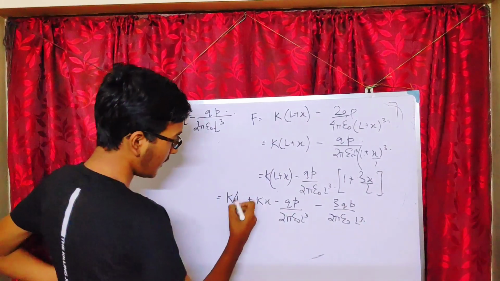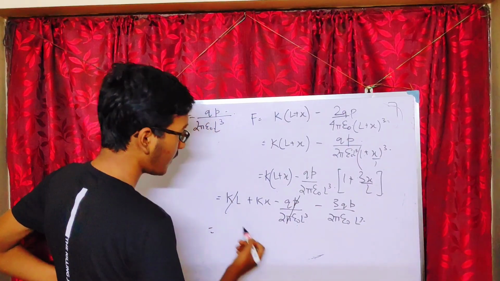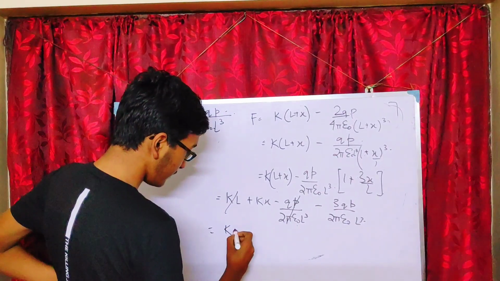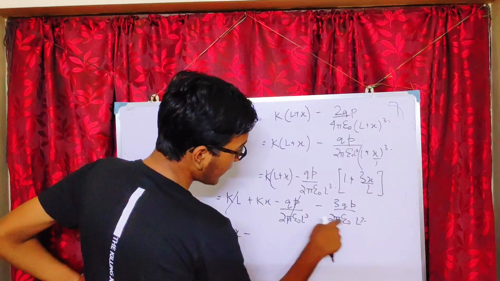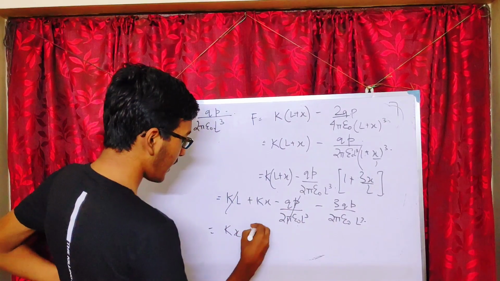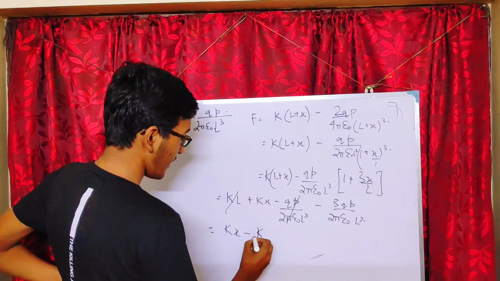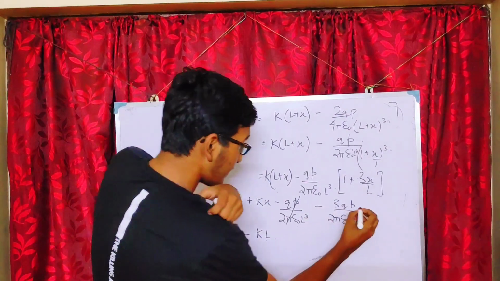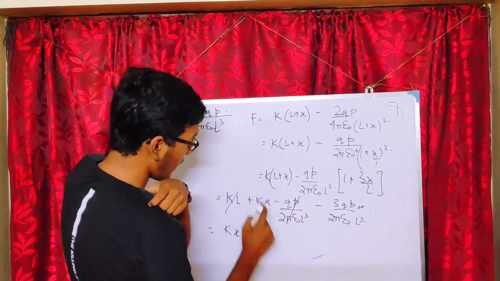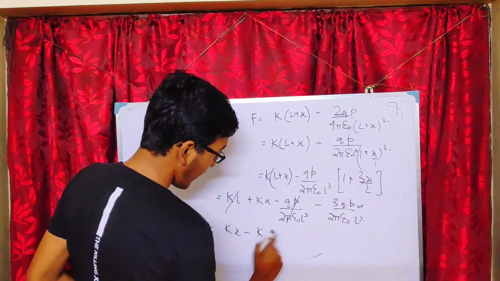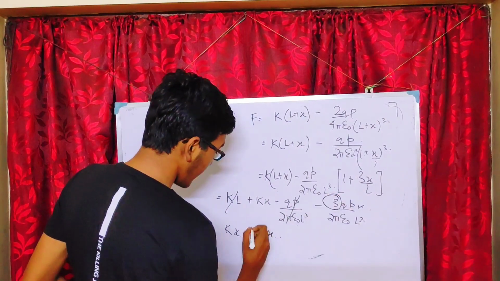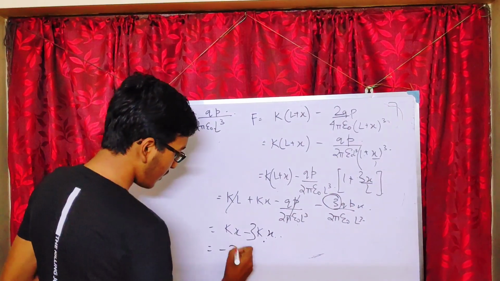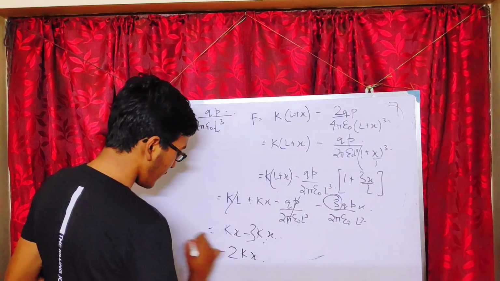This term clearly gets cancelled here. Okay, qp by 2 pi L cube, this whole term I could write as k into L, right? And this is x. So k into x and this 3 will remain. So minus 2kx. This would be just force.